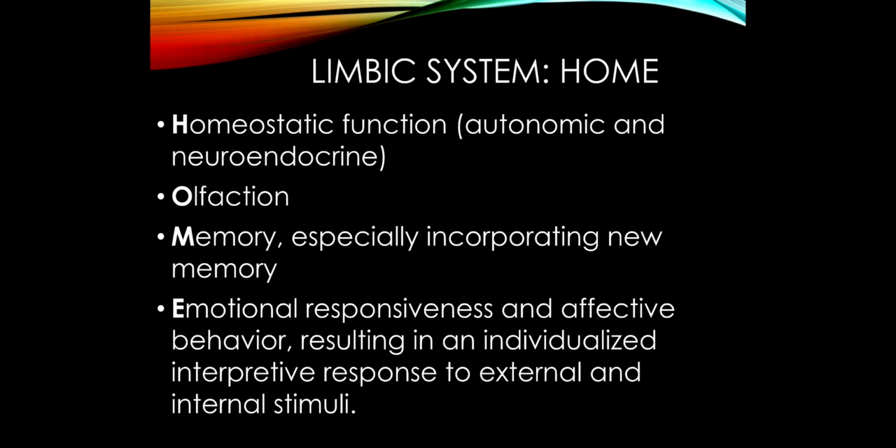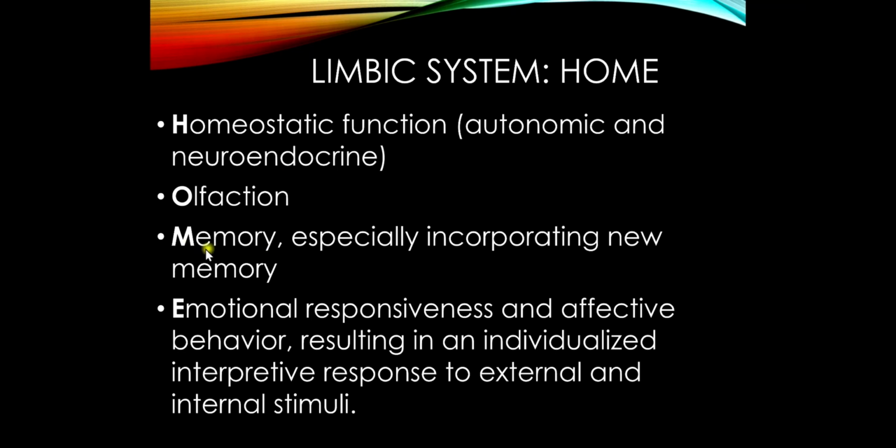So a way to remember the function of the limbic system is HOME. First is homeostatic function, and so the hypothalamus is part of the limbic system. Hypothalamic pituitary axis controls the autonomic system and also neuroendocrine function. So this is a function of the limbic system. Olfaction, we will see, is part of the limbic system.